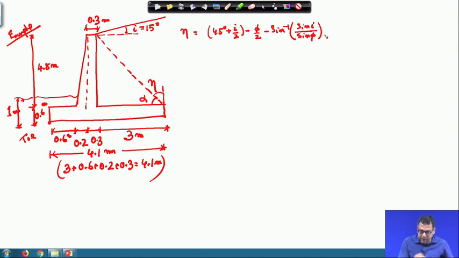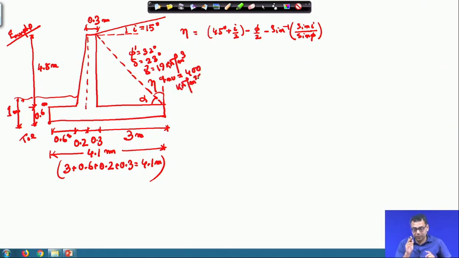Okay. So, here the backfill soil phi is given as 32 degree, or phi dash in terms of effective, delta is taken 23 degree, unit weight is 19 kilonewton per meter cube, and Q net ultimate is given as 400 kilonewton per meter square. So, what is the difference?